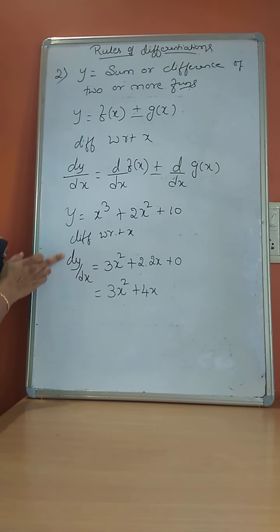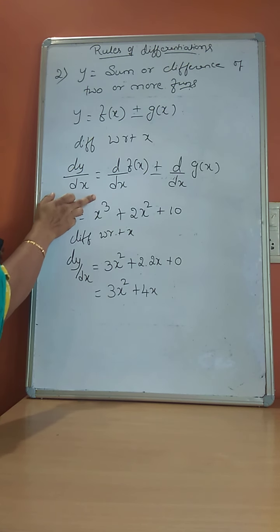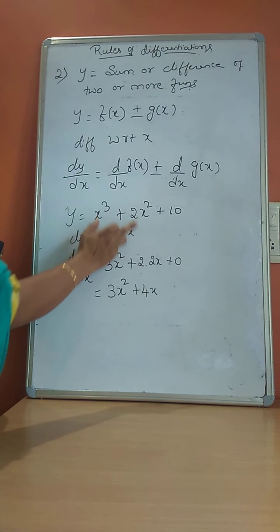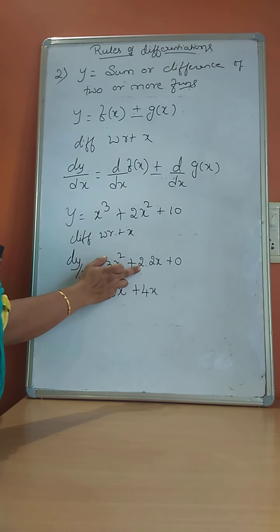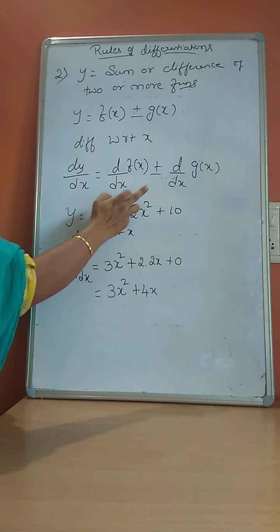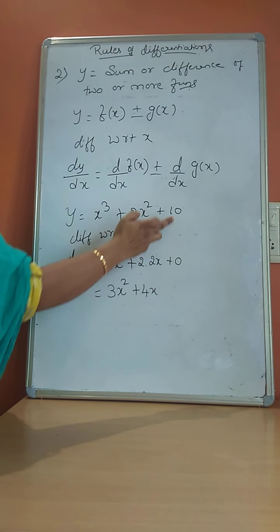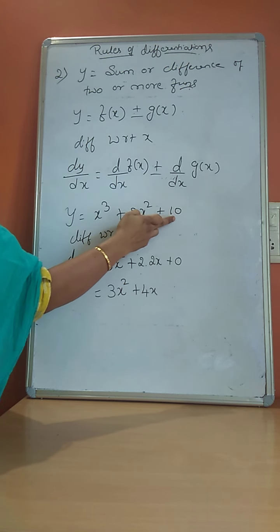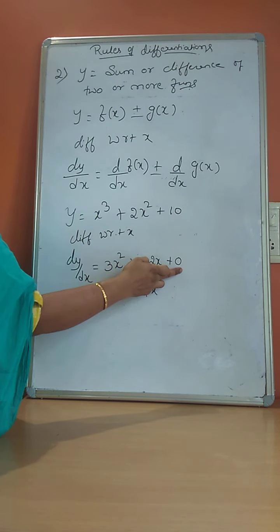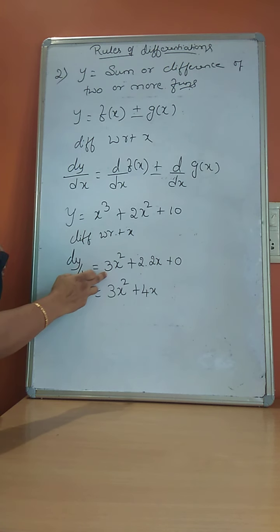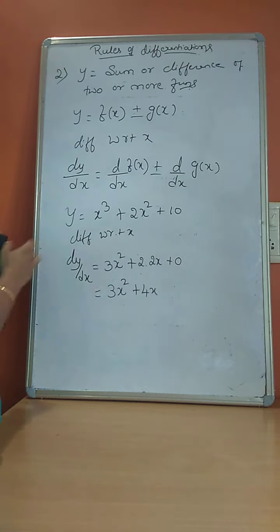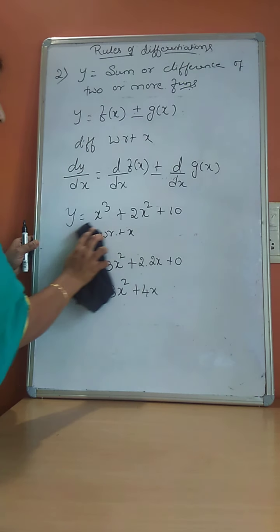What is the differentiation of x cube? 3x square, plus 2 is a constant, keep it as it is. What is the differentiation of x square? 2x. Here a constant term is there, and differentiation of any constant term is 0. So 3x square plus 4x is the solution.